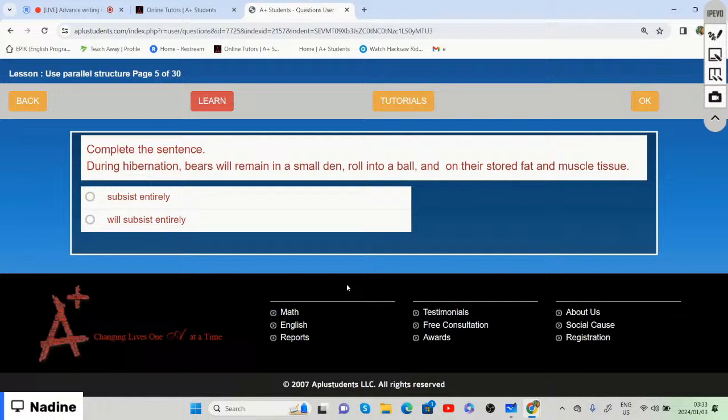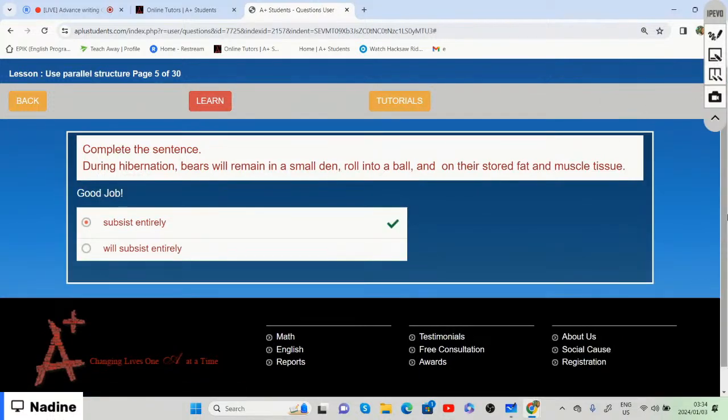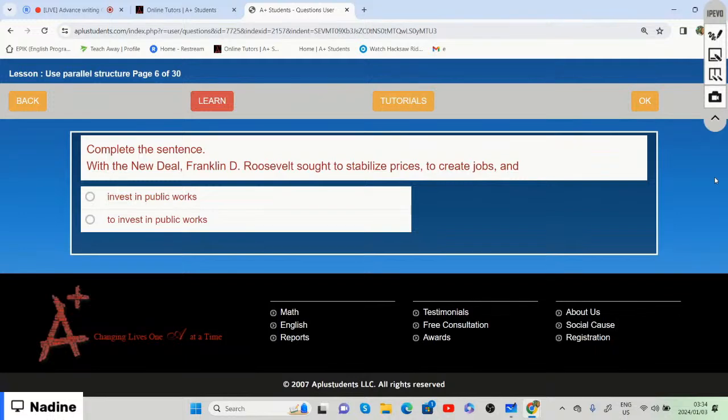All right, so we can then say "and subsist entirely on this stored fat and muscle tissue," and that is during hibernation. So they will then entirely subsist on it.